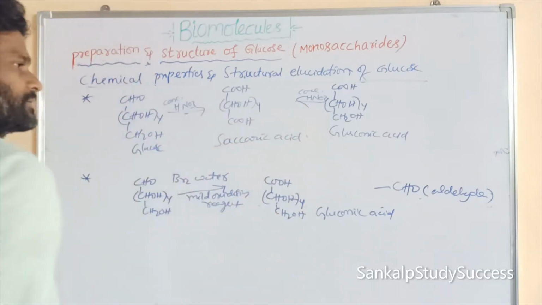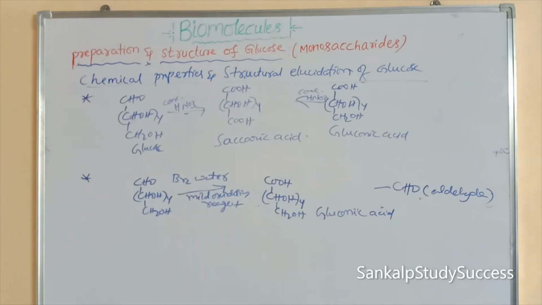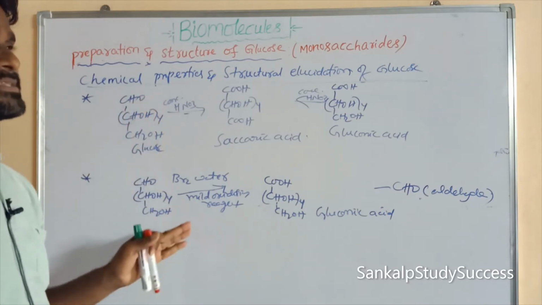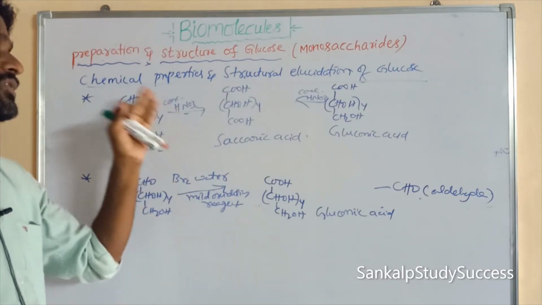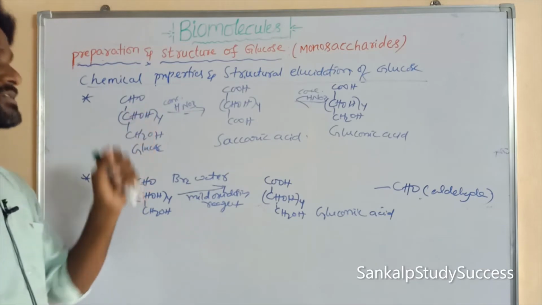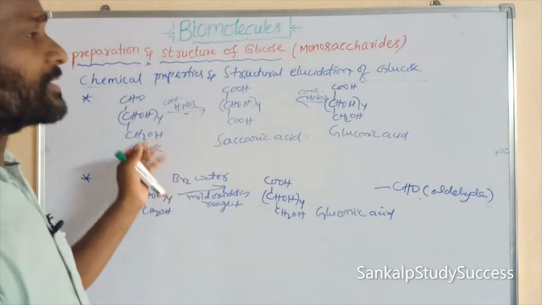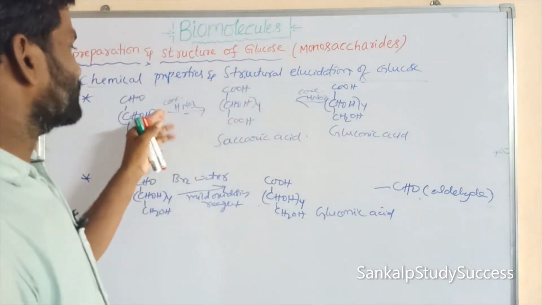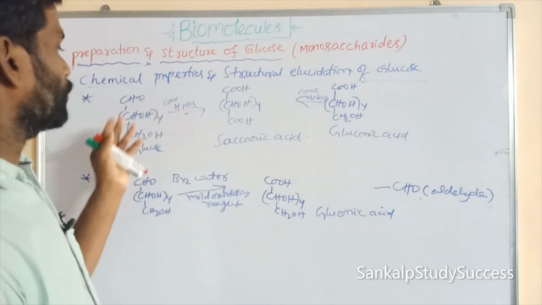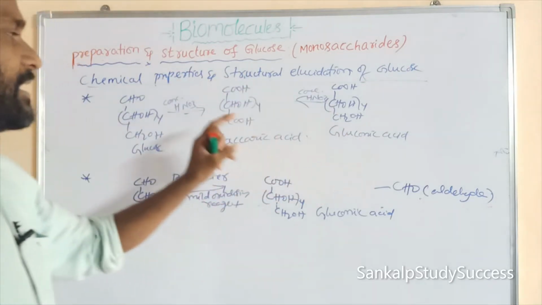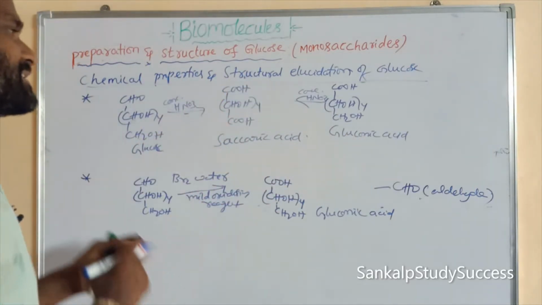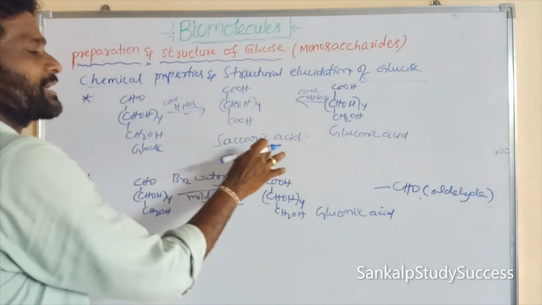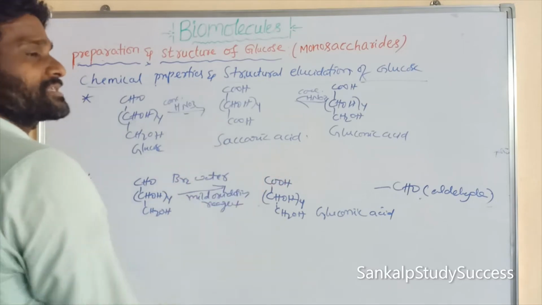On oxidation with a strong oxidizing reagent like concentrated HNO3, both glucose and gluconic acid give a 6-membered dicarboxylic acid. This is one COOH, this is another COOH, a 6-membered dicarboxylic acid. Its name is saccharic acid.